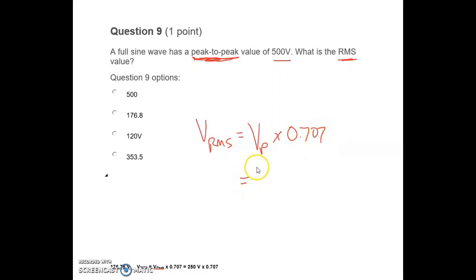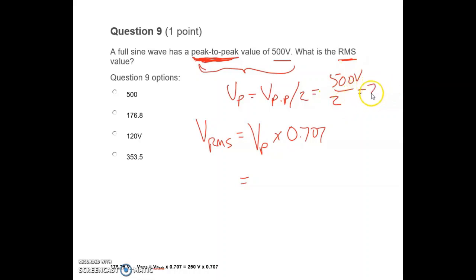0.707 equals, so we have peak to peak value, and we saw in the homework that we need to divide the peak to peak value in half to get the peak value. So with this, V peak equals V peak to peak divided by 2 equals 500 volts divided by 2 equals 250 volts.